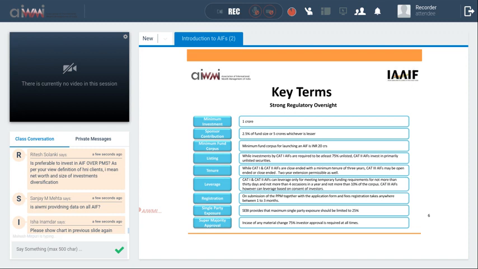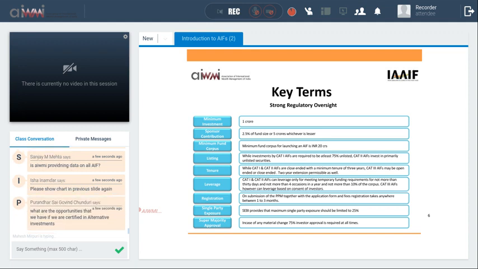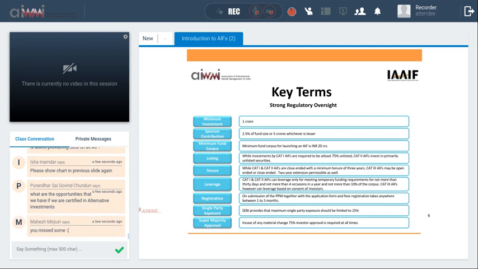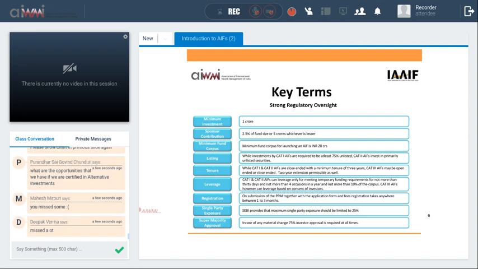Like I said, AIF regulations specify very minimal investment reporting. The reason is that a mutual fund, for example, invests in instruments that can be valued daily, whereas an AIF generally invests in unlisted instruments, so it's not possible to value them on a regular basis.